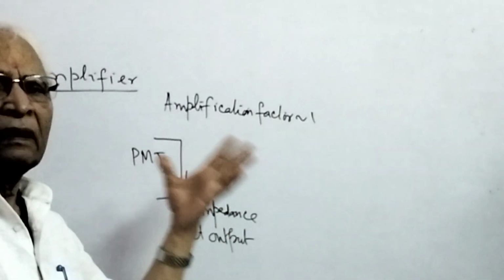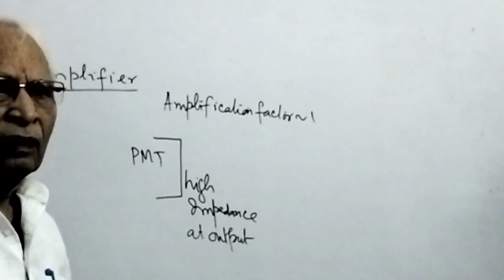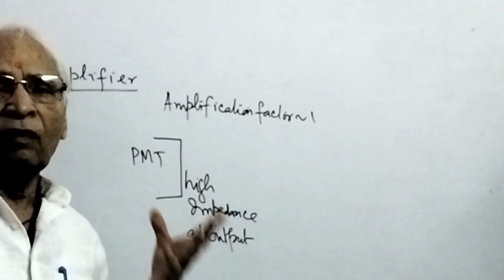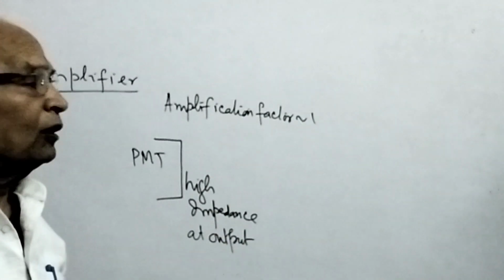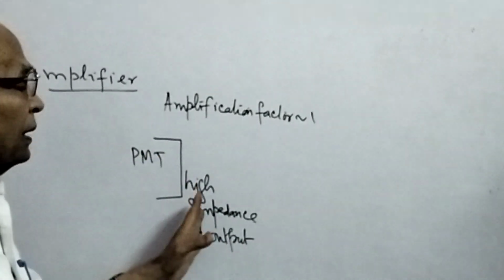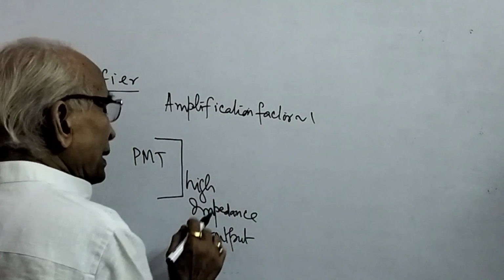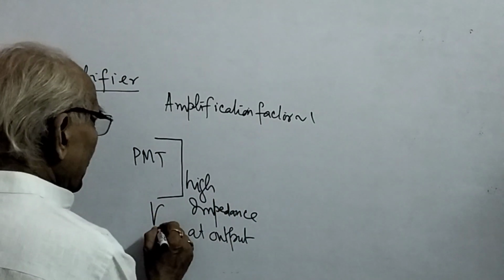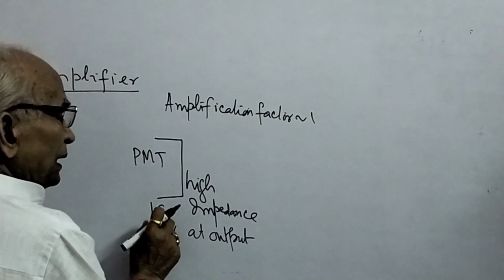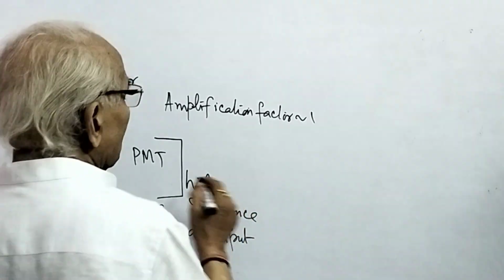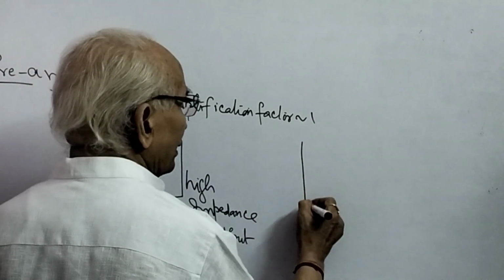Those resistances R1 etc. were around 500K or 400 or 300K, and the other resistance R was say 1 megaohm or 10 megaohm. So this has a high impedance at output. And these are pulses of millivolts. So we need a large pulse to count. A small pulse we cannot count, large error. So we use an amplifier.